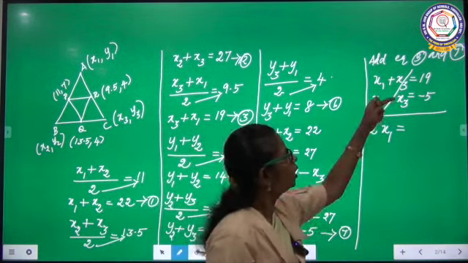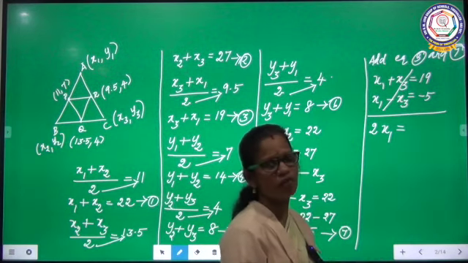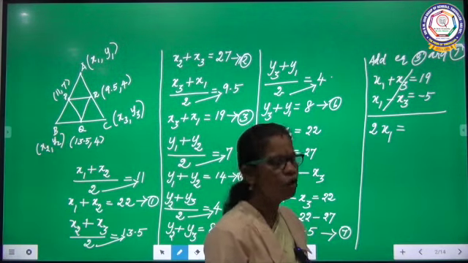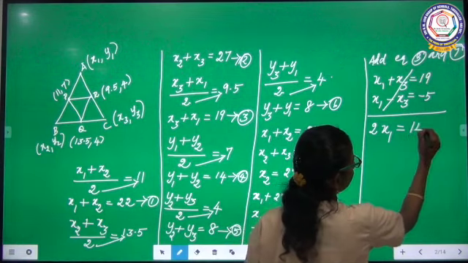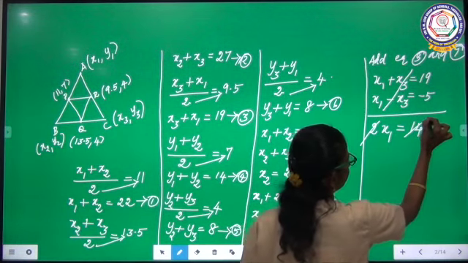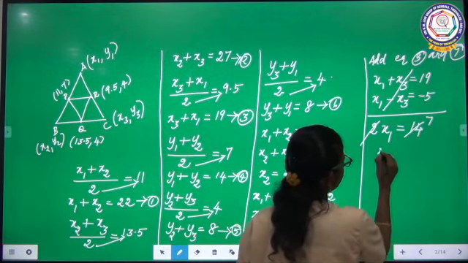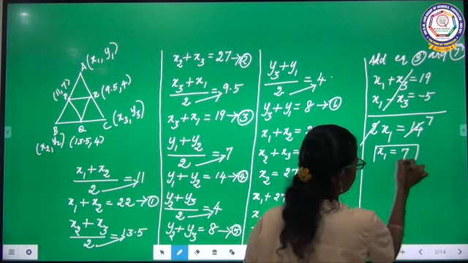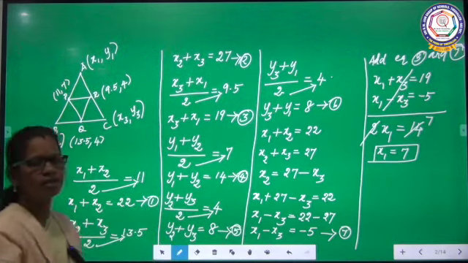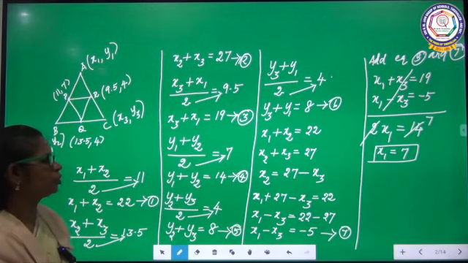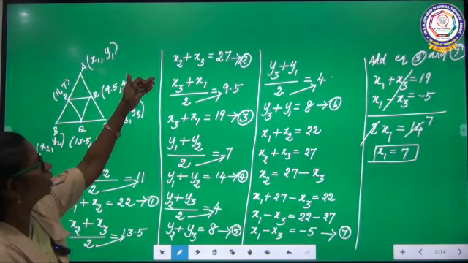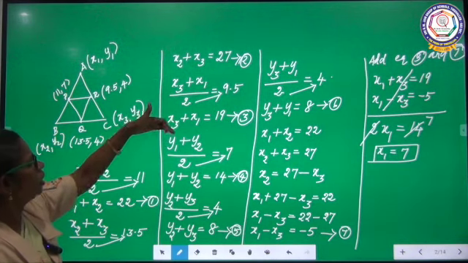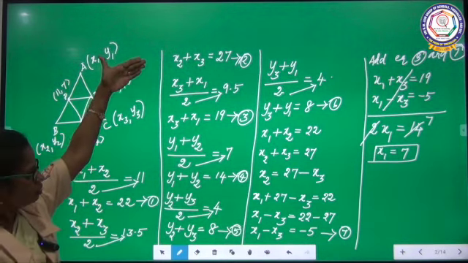2x1 equal to 19 minus 5, that is 14. Now x1 equal to 7. Then you go and substitute in equation number 3 or here itself.